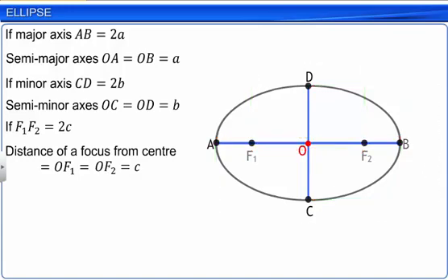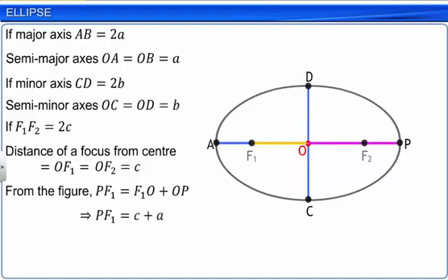Consider a point P at one of the endpoints of the major axis of an ellipse. The distance of point P from focus F1 is equal to the distance F1O plus OP. Since F1O is equal to c and OP is equal to semi-major axis a, PF1 is equal to c plus a.